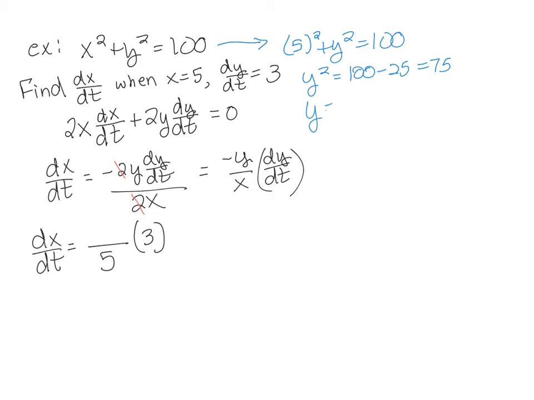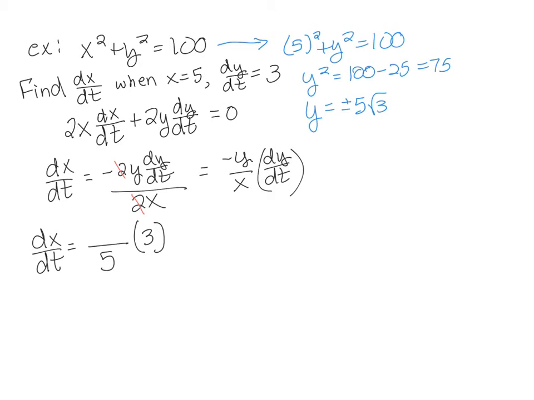Take the square root of that. And in this situation, because most of these things are, we need to know the situation to know whether it's plus or minus. So I'm just going to put plus or minus. Square root of 75 is the square root of 25 times the square root of 3.